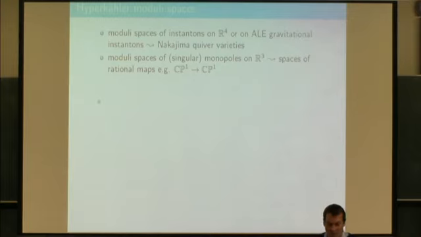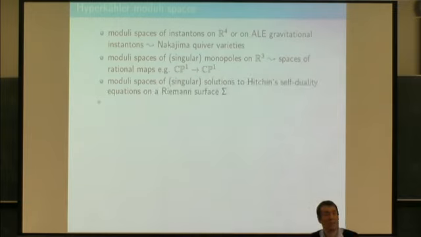So that's the second class of spaces. But my focus has always been the moduli spaces of Hitchin equations, which is somehow the next in this natural list of moduli problems, and it somehow has perhaps the richest geometry, even richer than the others.